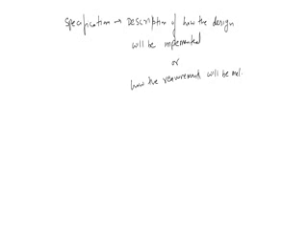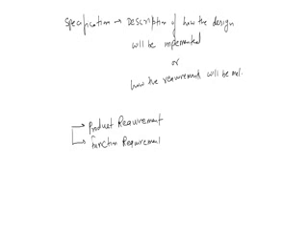Now what actually are the requirements? There are two kinds of requirement. One is the product requirement, and another is the functional requirement. We also call it the non-functional requirement.